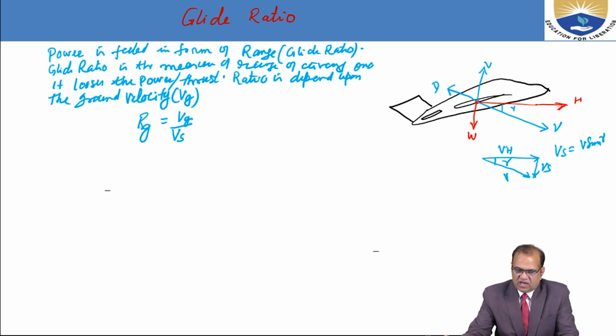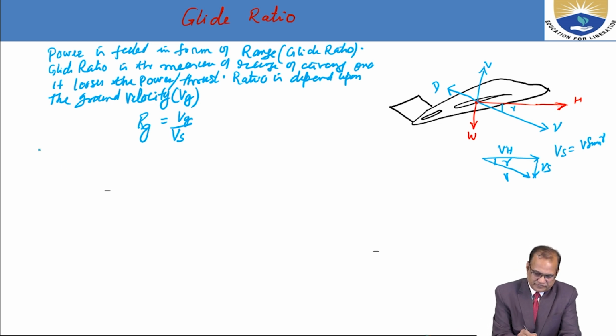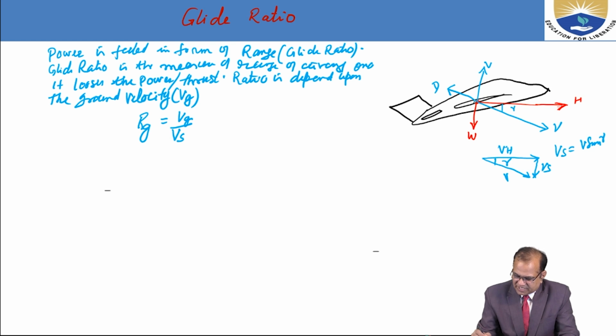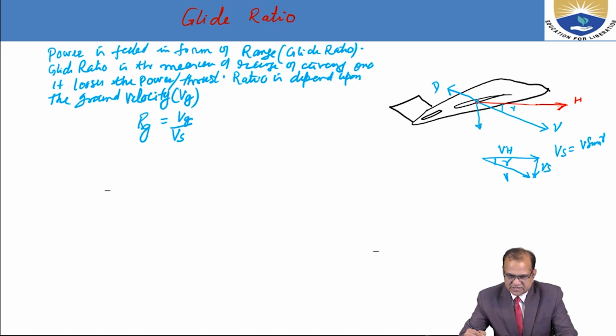So if we take the free body diagram, we have L, this is W, this is the W cos gamma, and this is the gamma.